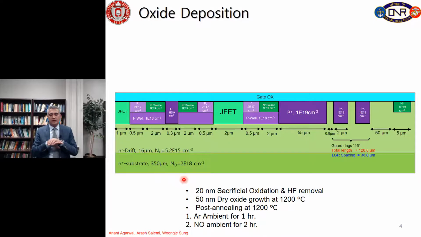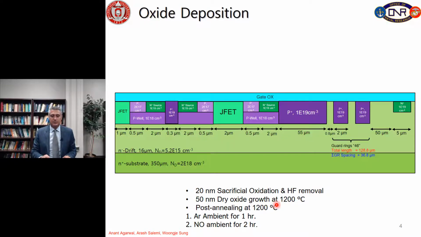In this case, we grow thermal oxide on the surface at high temperature, and then remove this oxide with buffered HF or HF. For example, we can have a 20 nanometer sacrificial oxidation, then remove it with buffered HF, and now we can deposit the oxide, a 50 nanometer dry oxide growth at 1200 degrees C.